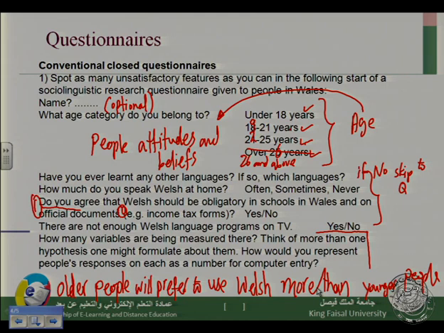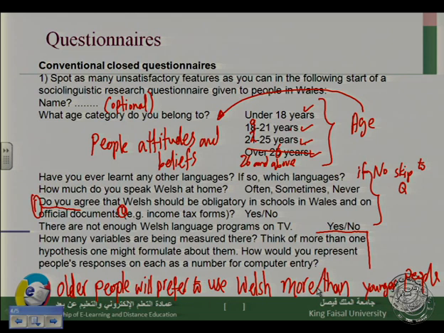So the key point from today's lecture, just to let you know, is that in a very simple questionnaire we can have a lot of problems with this demographic information, or what is called non-linguistic information, because this has nothing to do with language. I am asking about your name, about your age.